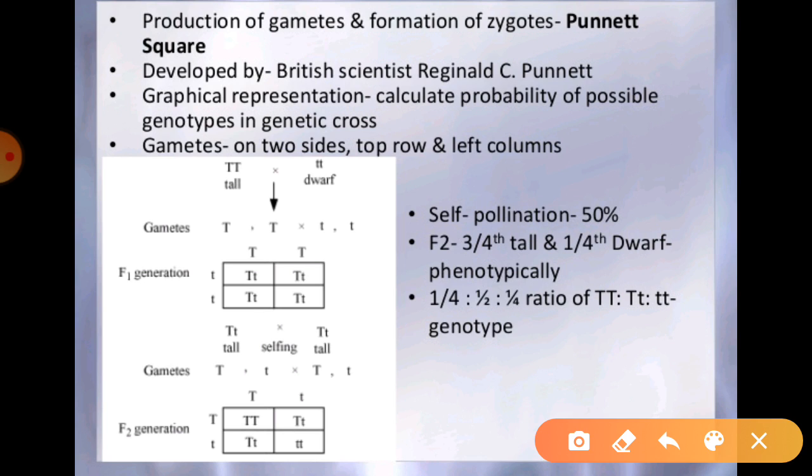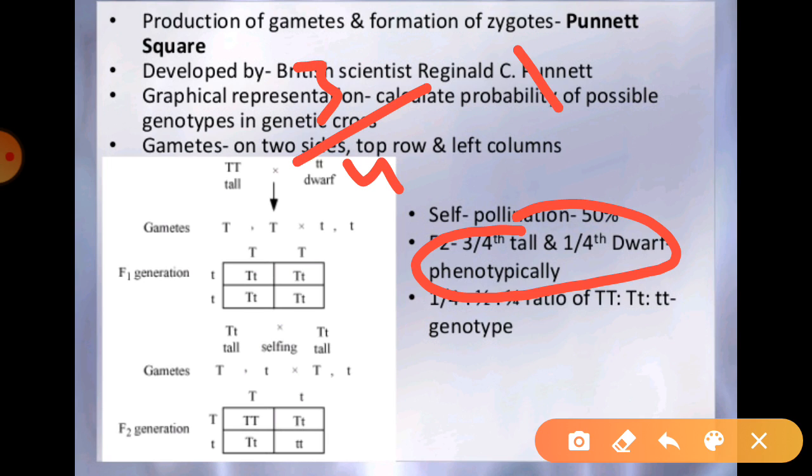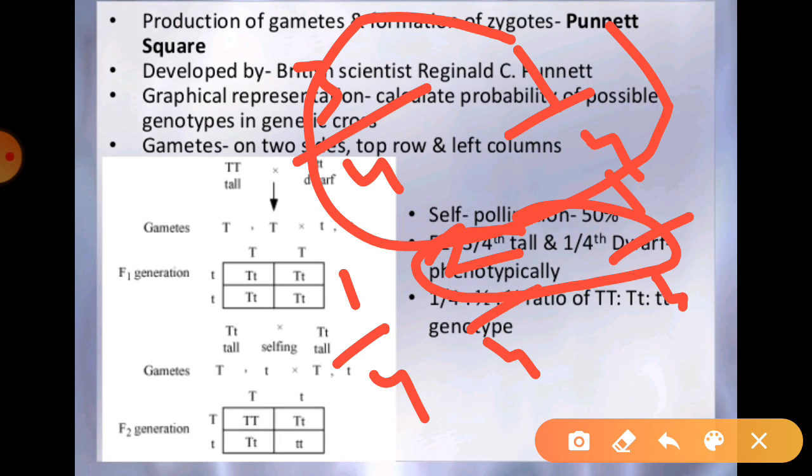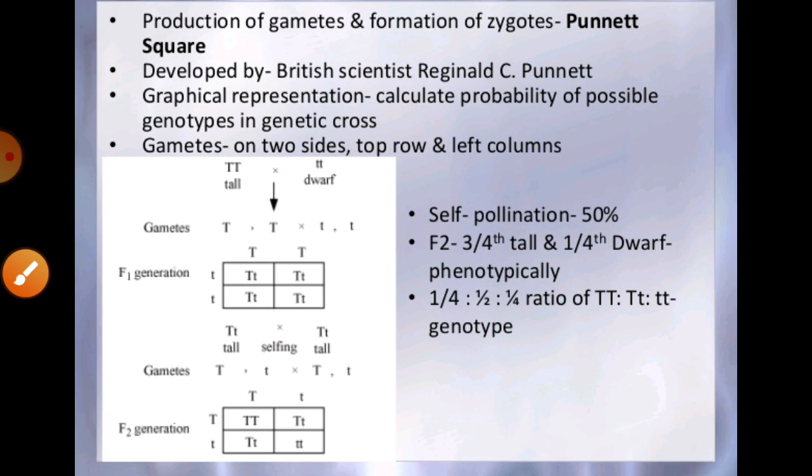Generally after self-pollination we get such a condition, but later if we talk about the phenotypic ratios, it is 3 upon 4 and 1 upon 4, but this ratio can again be genotypically classified into other characters, in which 1 out of 4, 2 out of 4 and 1 out of 4. If we see the F2 generation, with the help of this mathematical proof we can get such structures.